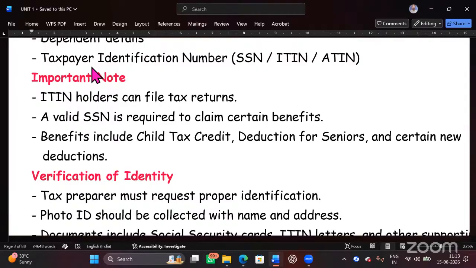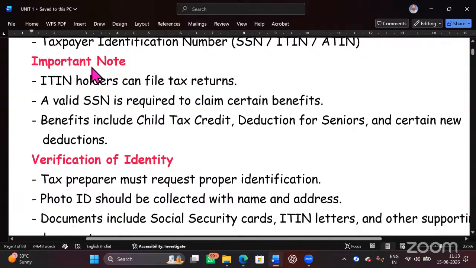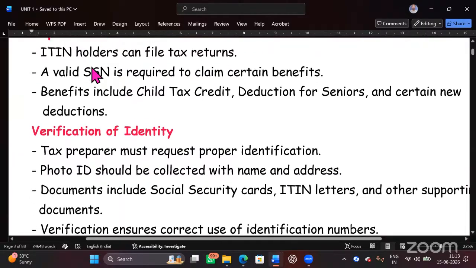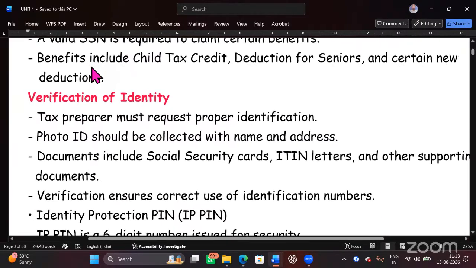To get that kind of tax credits, the taxpayer must have a social security number. Just having an individual taxpayer identification number cannot get the benefit of certain kinds of tax credits. So the benefits can be enjoyed only by a taxpayer having a social security number.